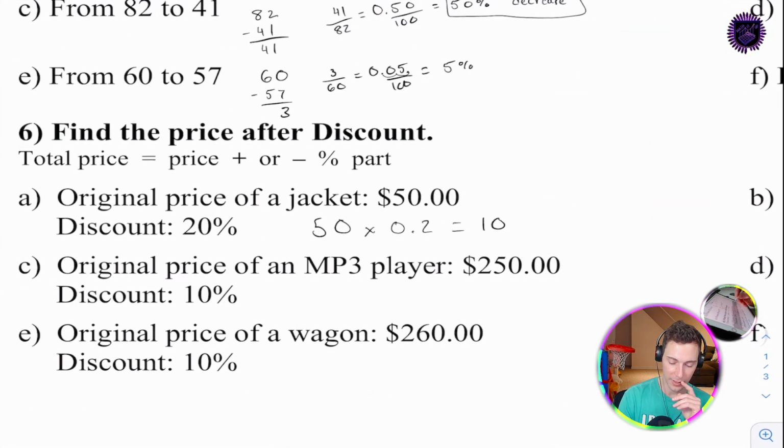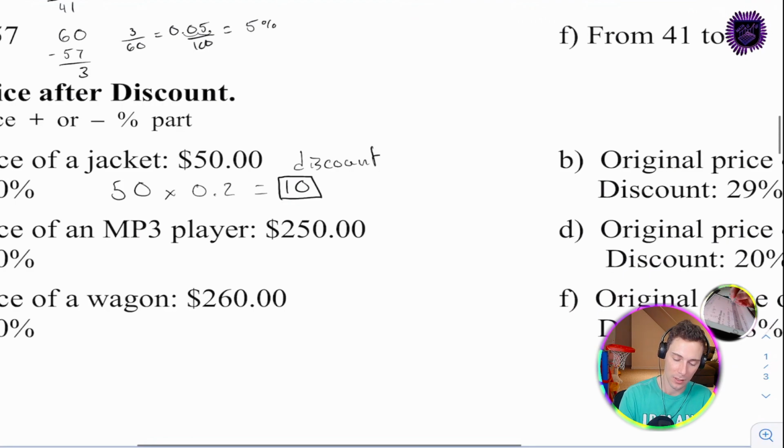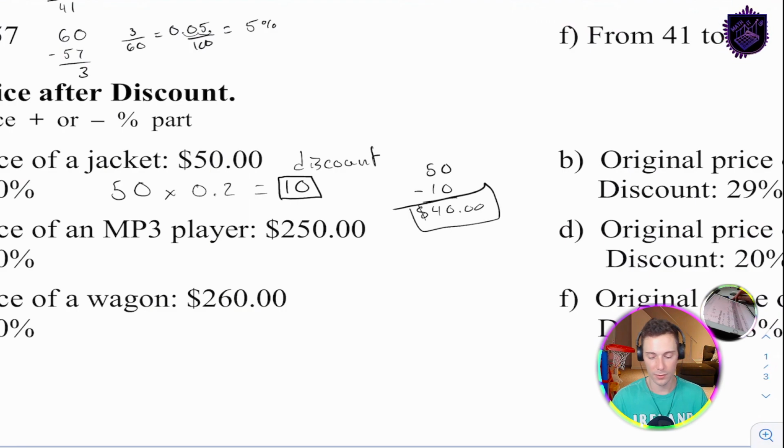So our discount is 10. Our discount is going to be what we take from our starting price, our original price. So $50 minus our $10 discount, $40. So $40 is our final price, and I'll square my answer.